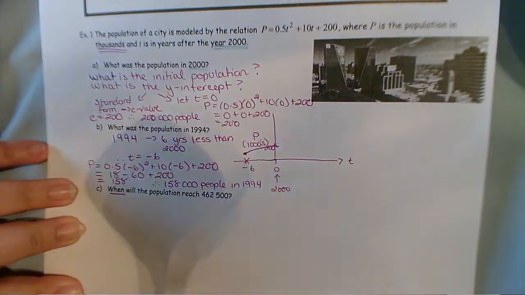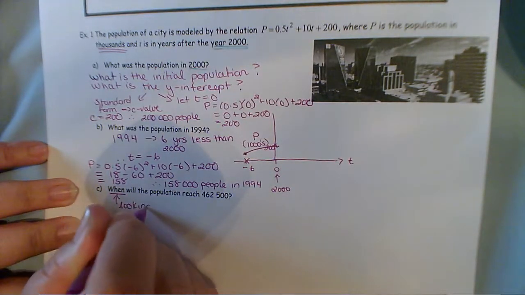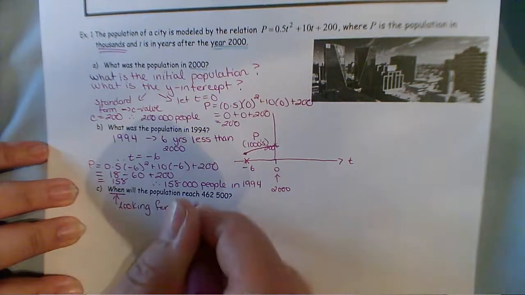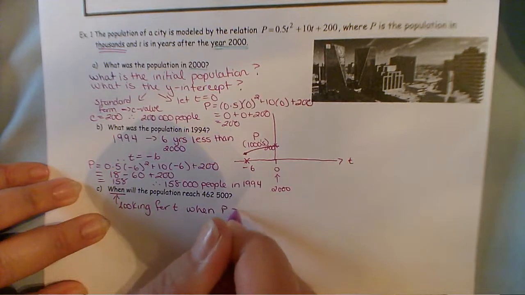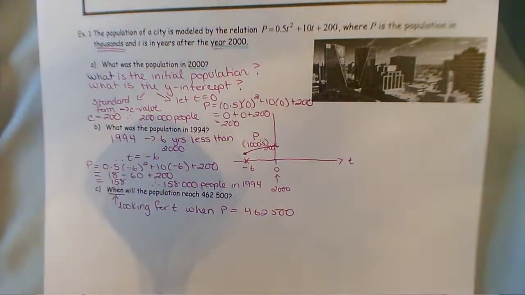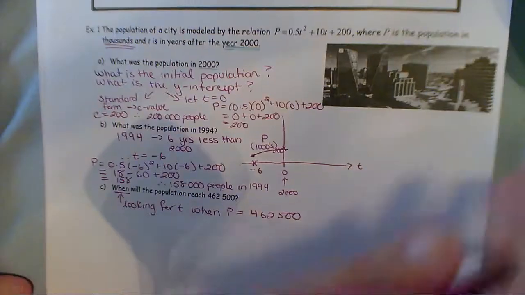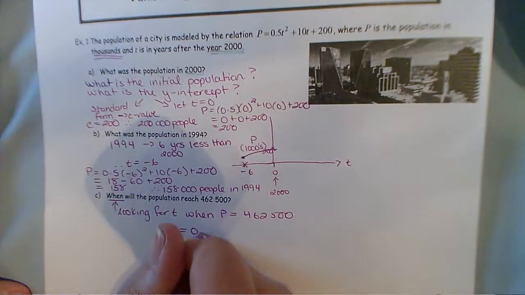A when is a time, right? So looking for t, not population. Looking for t when the population, so it has to give me a p number, is 462,500. Okay, so it's looking for t when p is worth that. So what we need to do is put our equation down again.